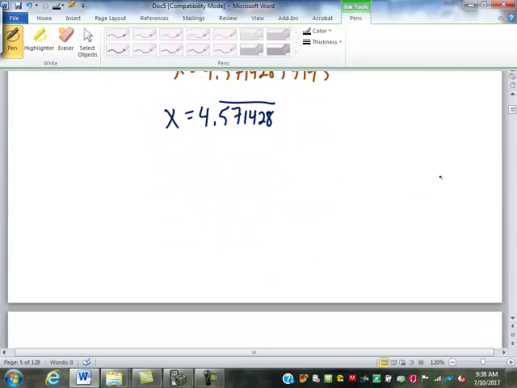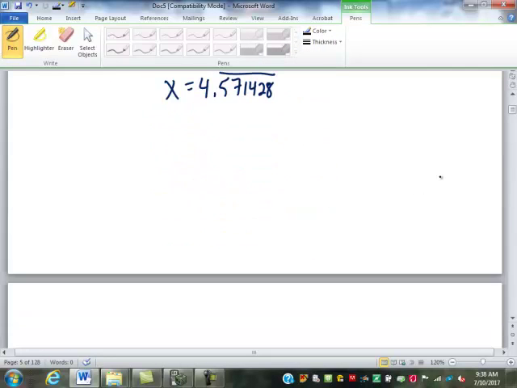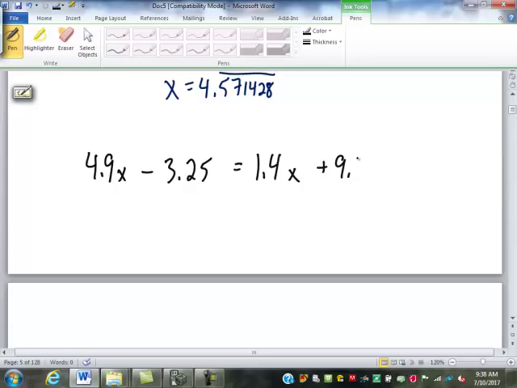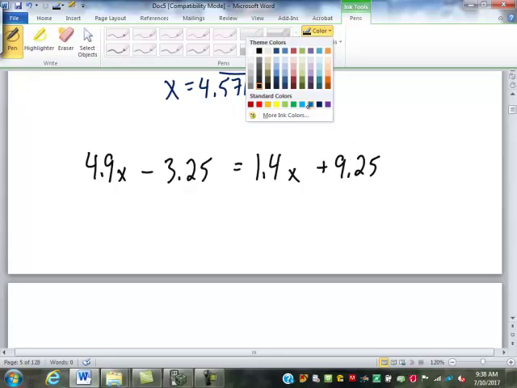How about something like this? Tell me what to do.